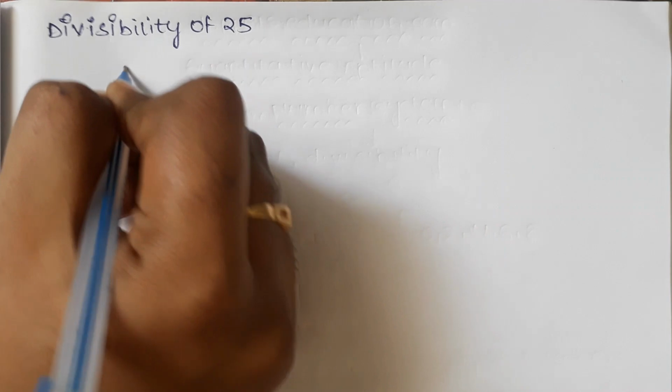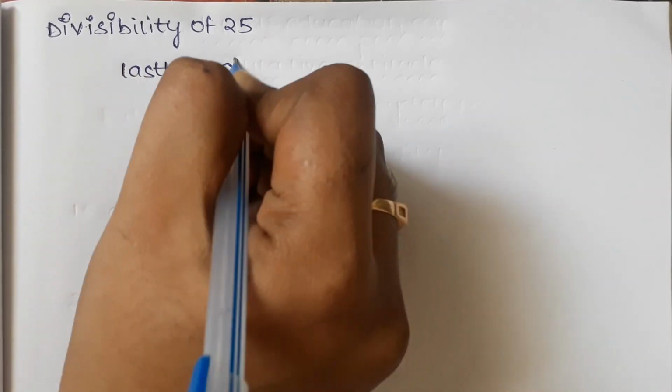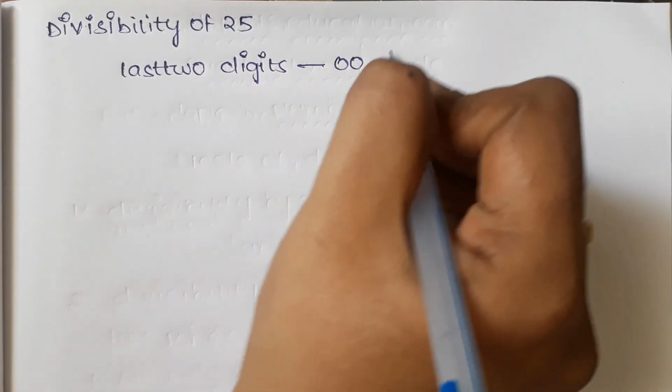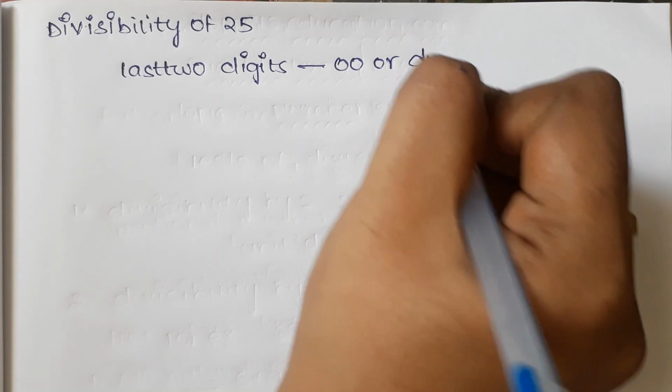Now let us see the divisibility rule of 25. Here a number will be divisible by 25 when the last two digits of the number are either 00 or divisible by 25.